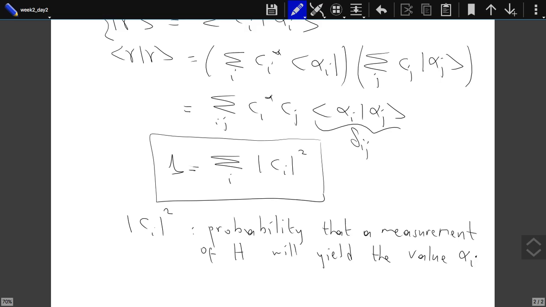Now, what's the derivation? No, there's no derivation. This is just one of the interpretations of quantum mechanics.